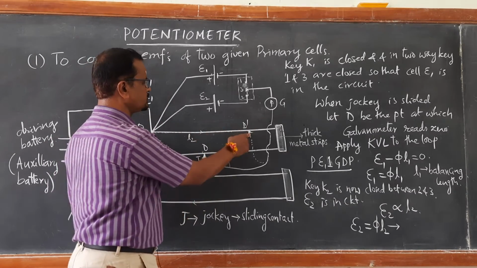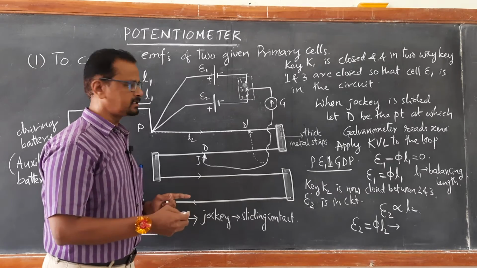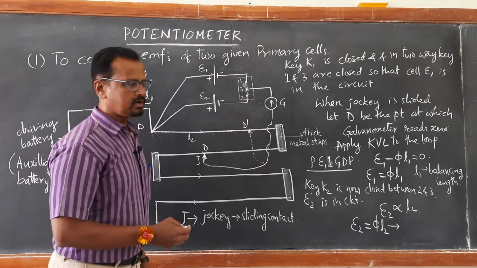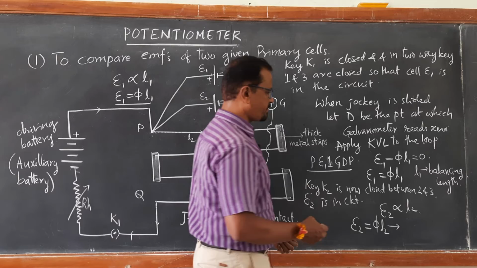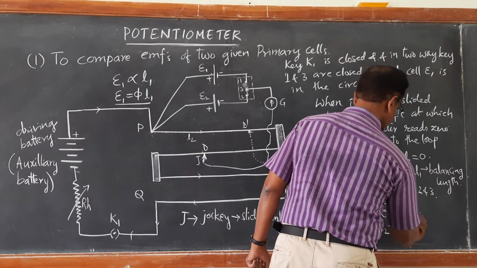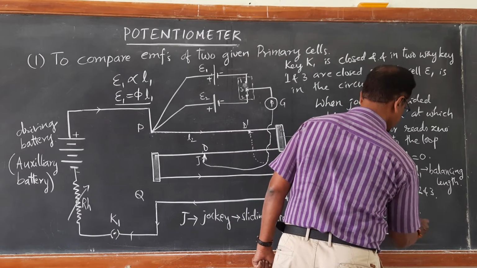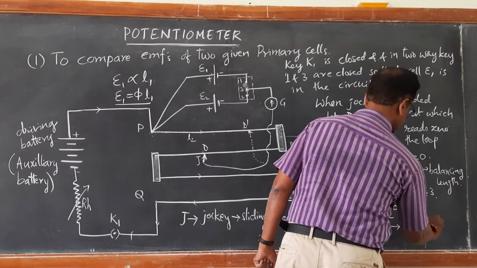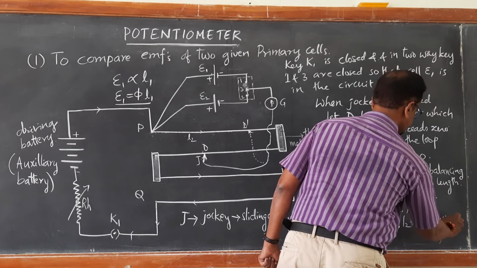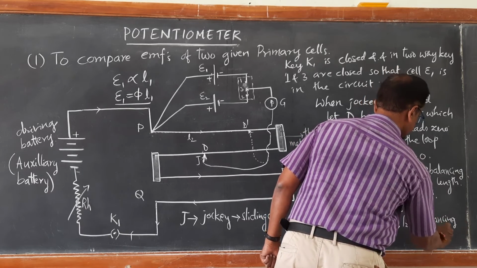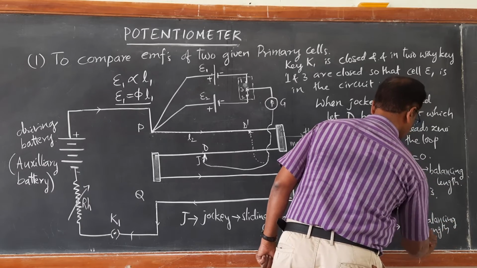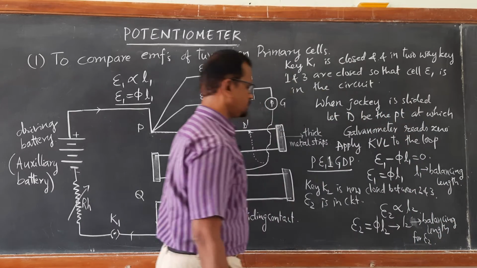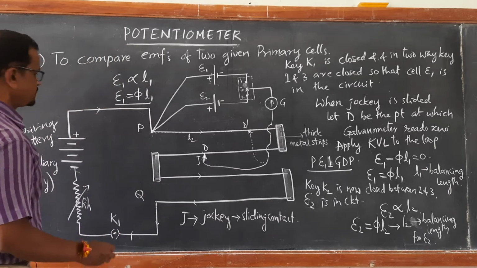For this length L2, say about 85 centimeter, the galvanometer reads 0 deflection. So L2 is the balancing length for cell E2.